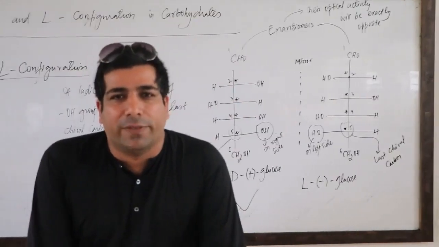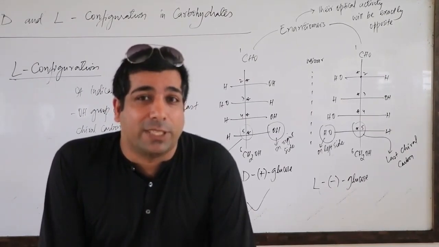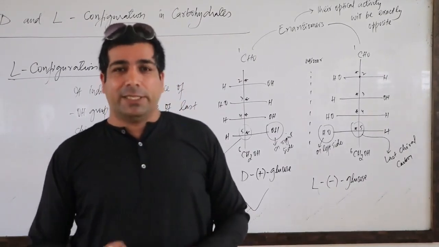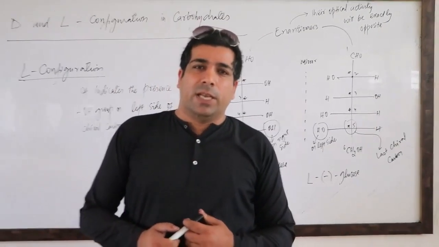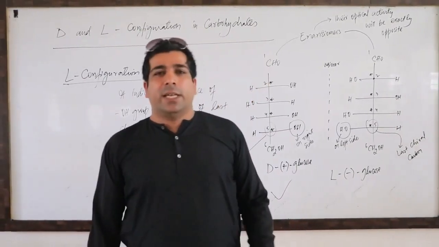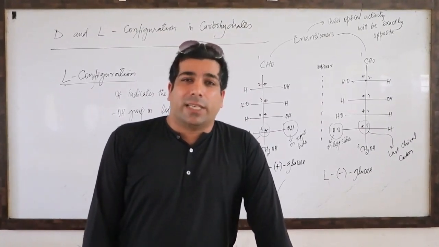So I hope, my dear friends, you have understood what capital D is and what capital L is. Capital D means the OH group is on the right side of the last chiral carbon, and capital L means the OH group is on the left side of the last chiral carbon.